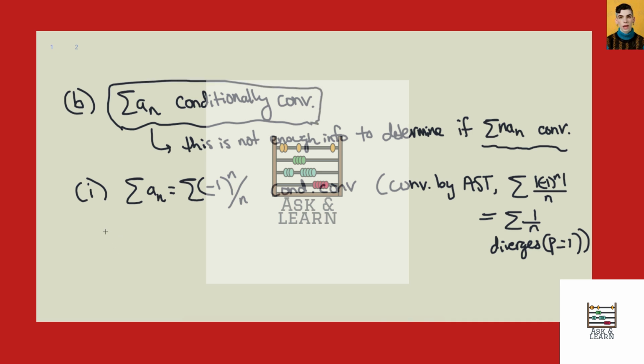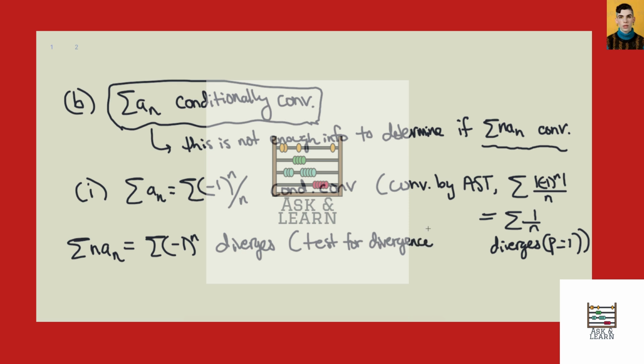Now I look at the series nAN, that just becomes -1 to the n, and this diverges. To see that, you can use the test for divergence. So here's one example in which the sum of nAN diverges.